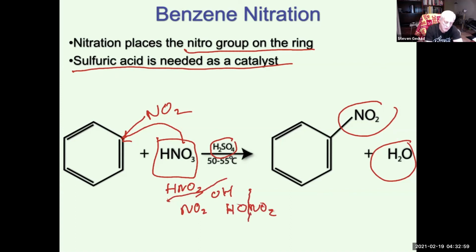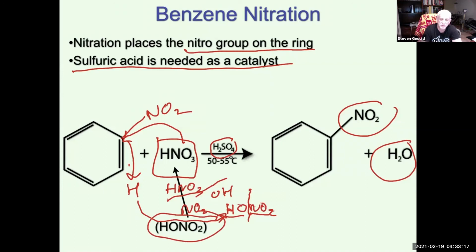The NO2 is going to go to the benzene ring. The OH is going to take this hydrogen that got kicked off and add to it to give you H2O. So all our elements are accounted for. It's a balanced chemical reaction. Okay. That's right. So sometimes you write it as HONO2. So you can see where the water is coming from and where the NO2 group is coming from.